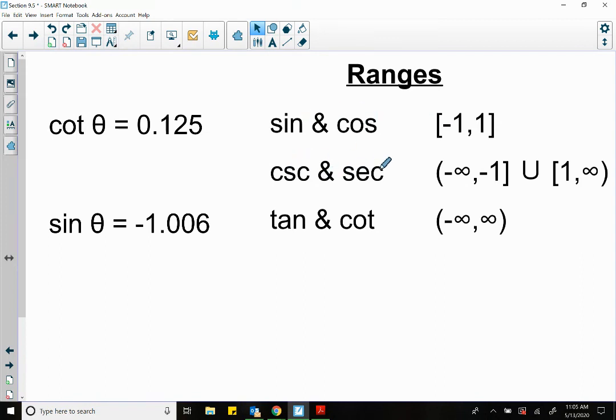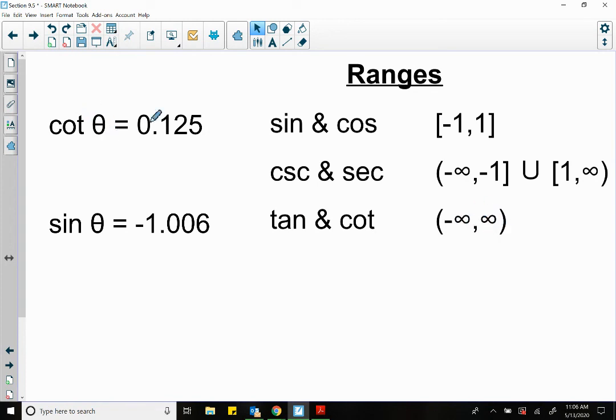Cosecant and secant, as long as the value you're looking for is between -infinity and -1, or 1 and infinity, you can find the inverse to it. It is possible. That means if you're between -1 and 1, you cannot find it. Cotangent, as long as you got any number, you can find the inverse of tangent and cotangent. Okay? So this means any number will work.